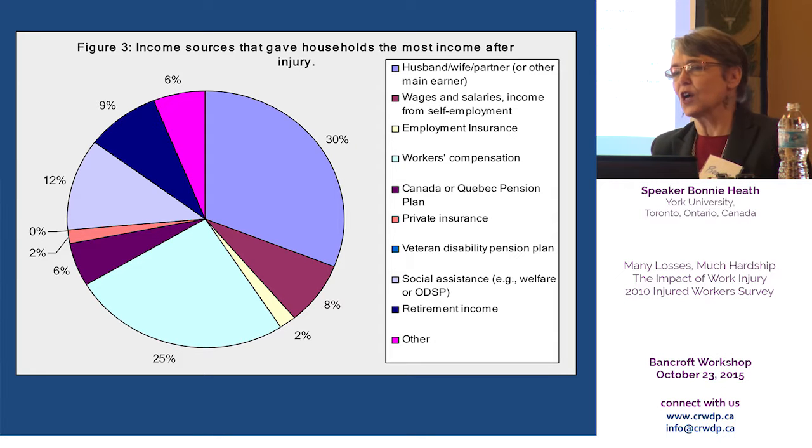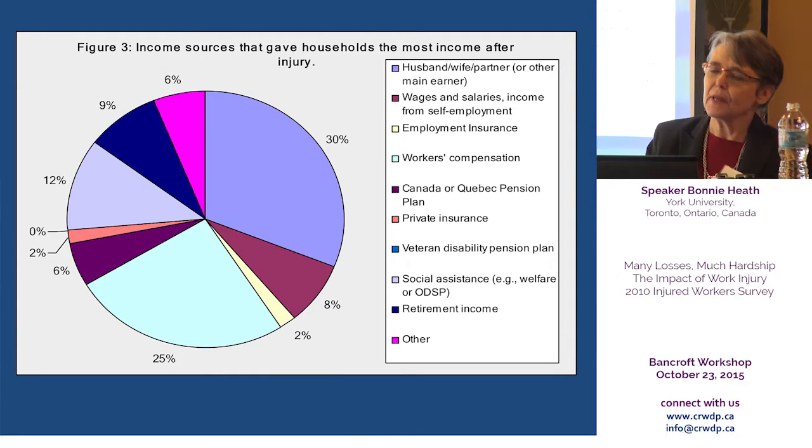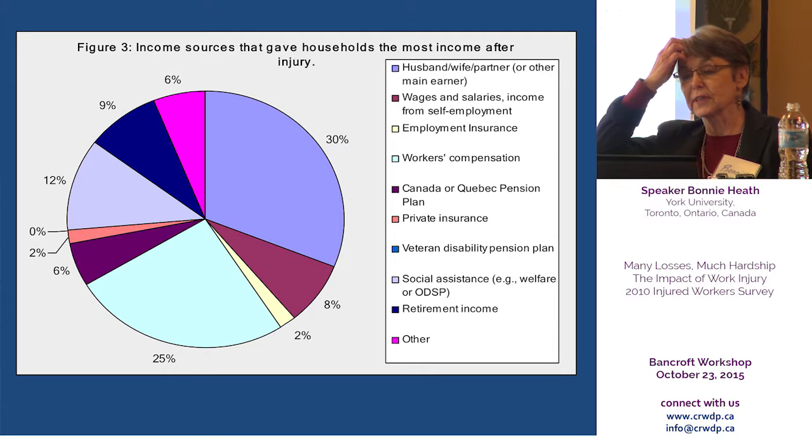And workers' compensation, at its inception, was meant to make sure that the injured worker did not have to rely on family or community. Again, it's the idea of compensating for what would have been received had the injury not happened. So we were very concerned about the sources of household income.